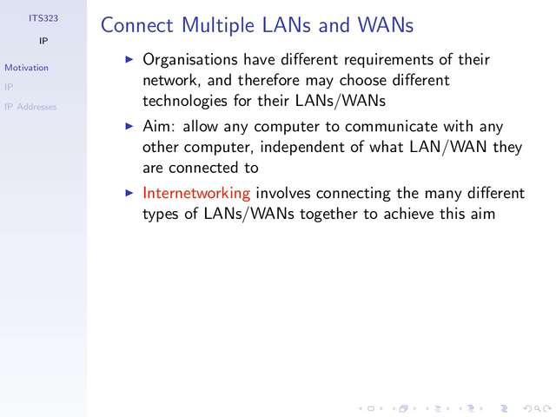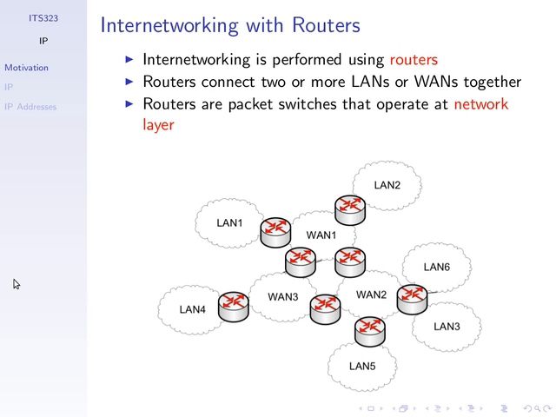Some of the things we need to achieve this. First, some terminology. The devices that connect our local and wide area networks together are called routers. They're the names of the devices that connect our individual networks together.